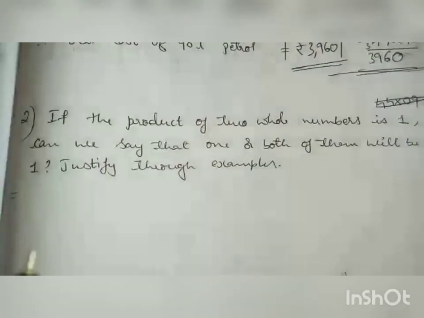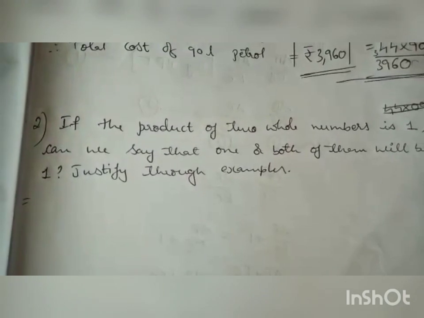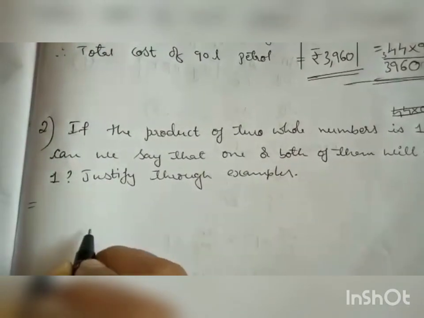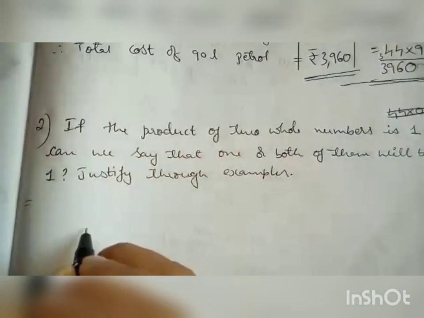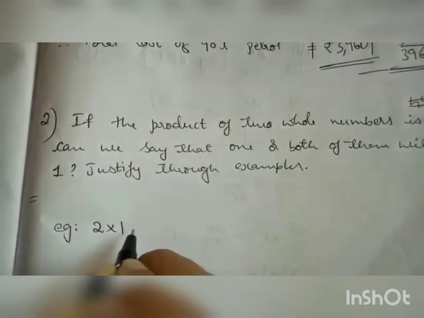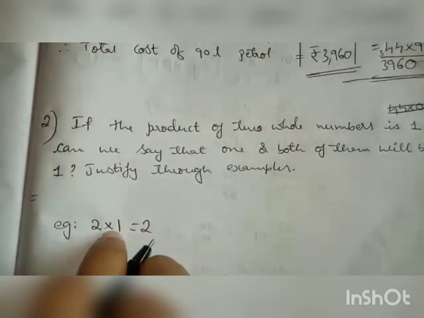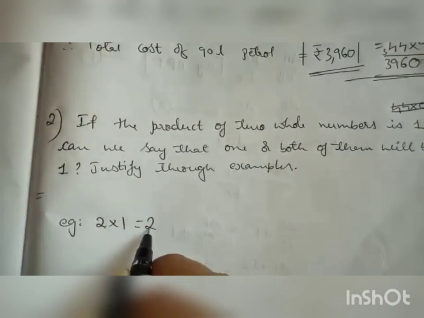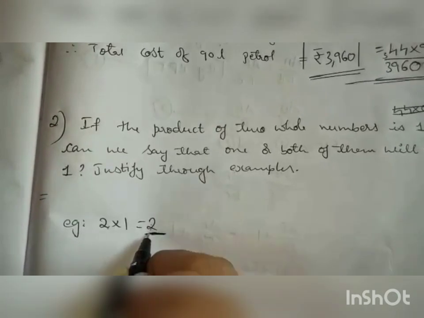So let us take some examples and show it. If we take one number as 1 and the other, for example 2, 2 into 1, 2 ones are 2. So if you take only one number as 1, what answer do you get? 2 ones are 2. So the product is 2.